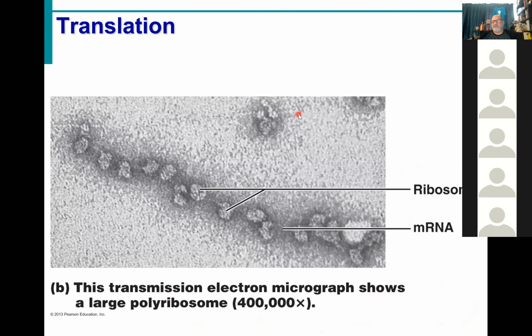Here, using an electron microscope, we can actually see a single strand of messenger RNA where there are close to a dozen different ribosomes all reading it at the same time.